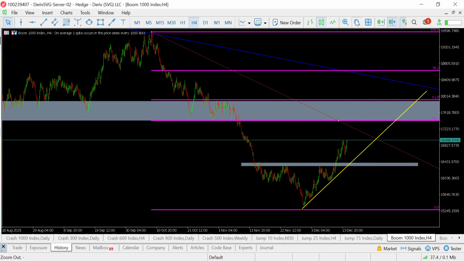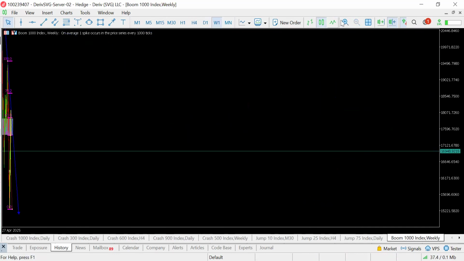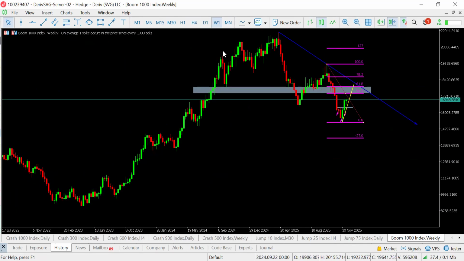Because, like I showed us from the weekly time frame, if we go back to the weekly time frame, you will see that this was a very big drop initially, and price came here to test this trend line, and there's another big drop for weeks. So it will be easy to see that if price should come in to make a third touch of the trend line, then there's a strong possibility that price is going to drop for weeks again.